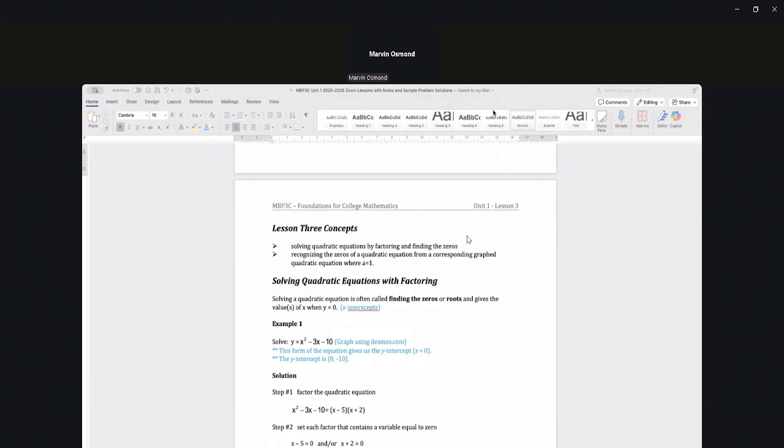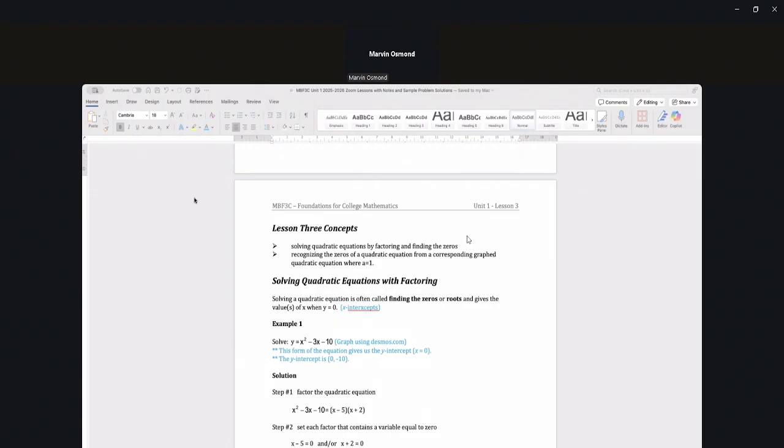Y equals x squared minus 3x minus 10. This one here produces this particular graph right here. So this is the graph that we get from this particular equation.